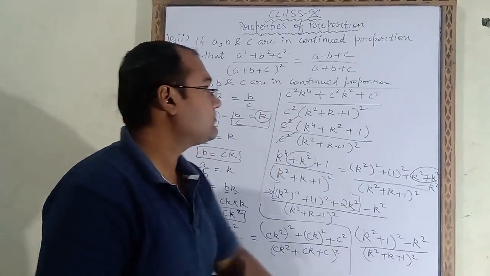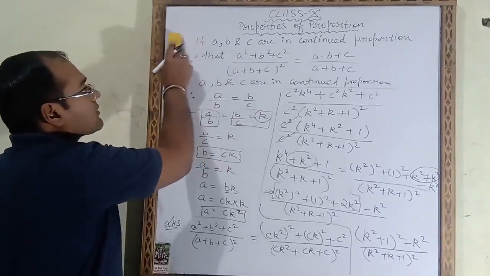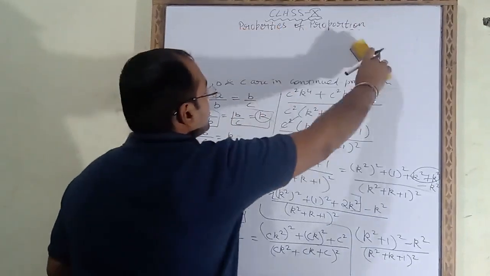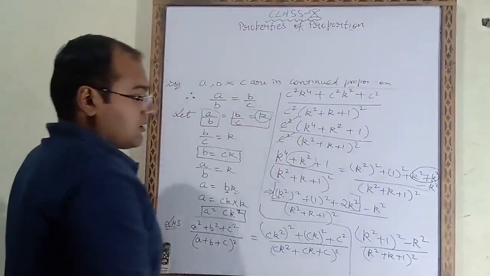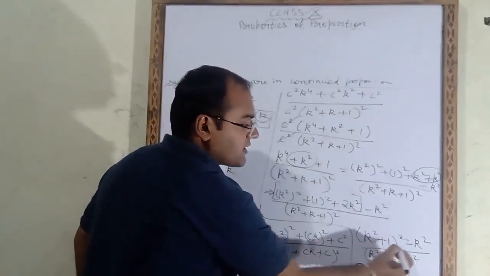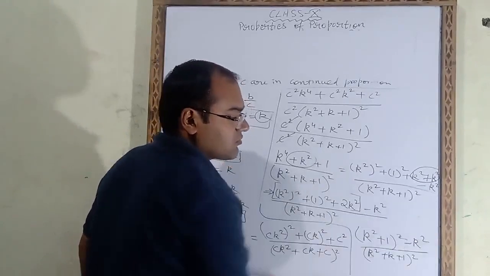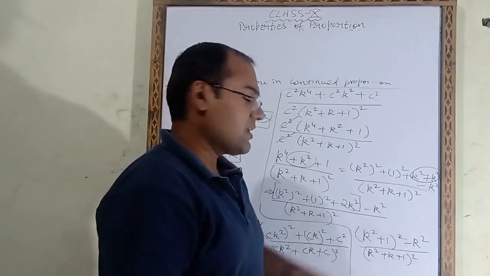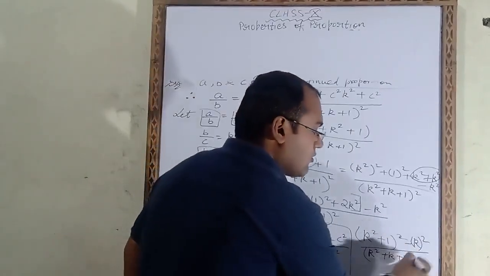Now what we will do? Here again we will use one identity. Identity is a square minus b square. On this full term, whole square is there, and on k also whole square is there.